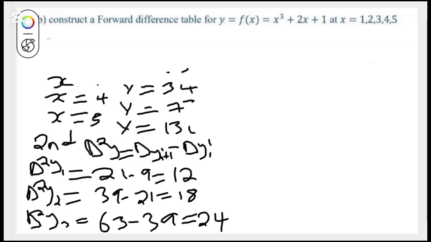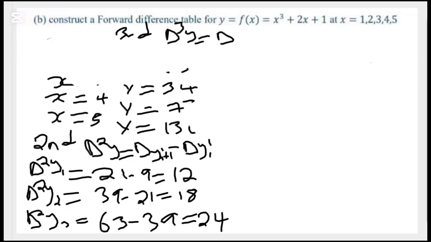And then I'm going to find the third difference. So what will be the third difference, which is d cube y? It is the same thing as d square y i plus 1 minus d square y i. So I'll say this minus this.